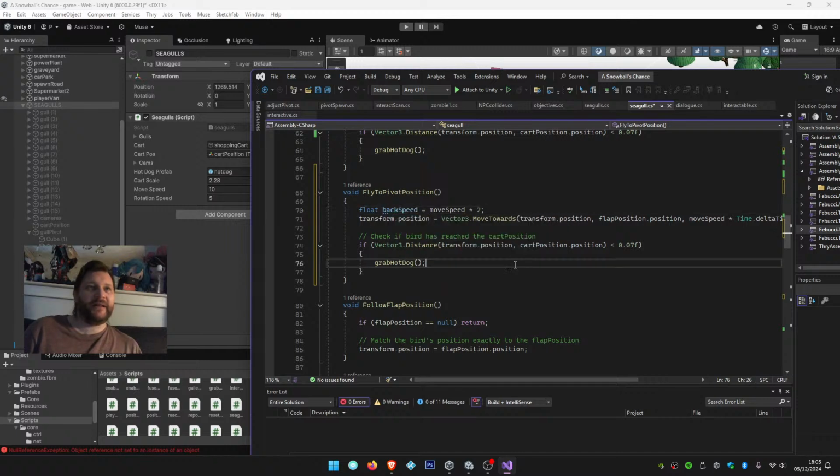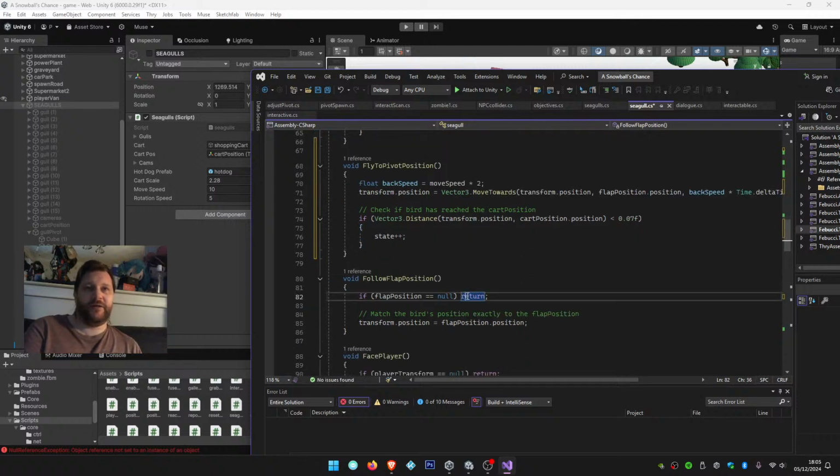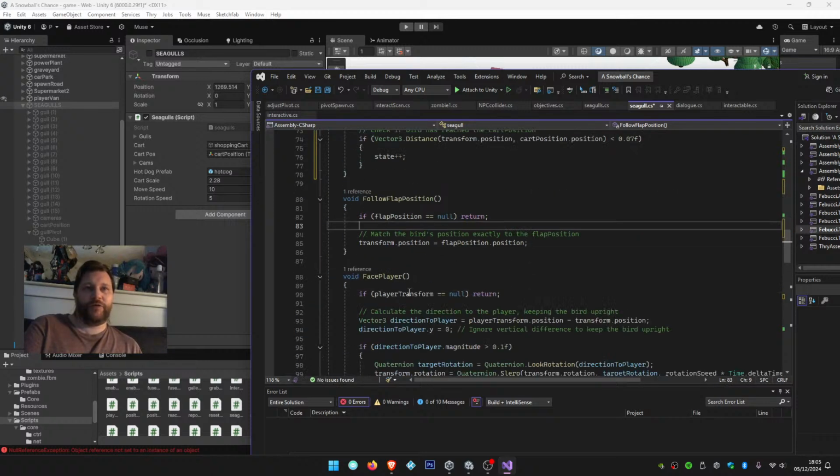And we're going to use back speed as the speed identifier. Then when we reach a reasonable distance to its pivot position, we can increment the state and go to state track flap position.